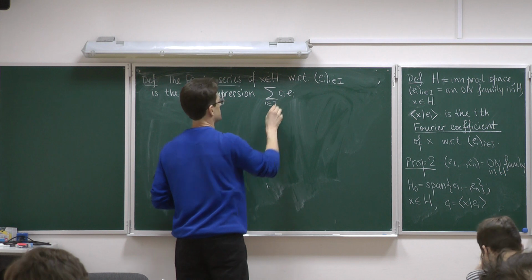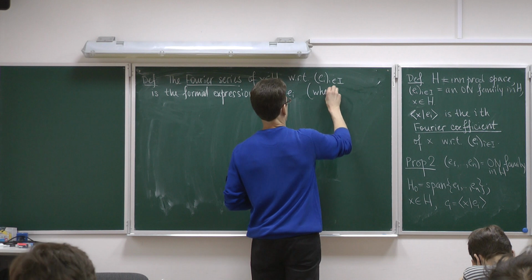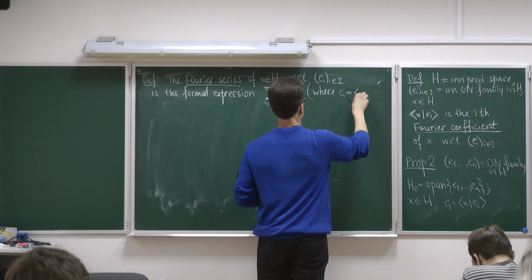Here, Ci denotes the ith Fourier coefficient of X with respect to our family.